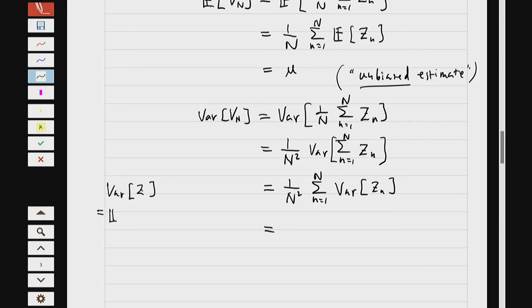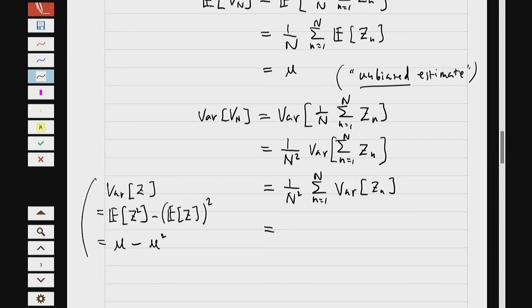There's a formula for it. It is the second moment minus the square of the expectation of the random variable, which is mu square. But what is E of z square? Z is a 0, 1 random variable, so E of z square is equal to E of z. There's no difference. So this is simply mu minus mu square.